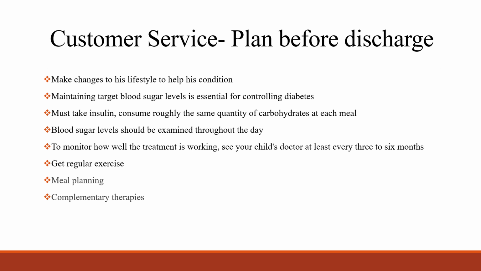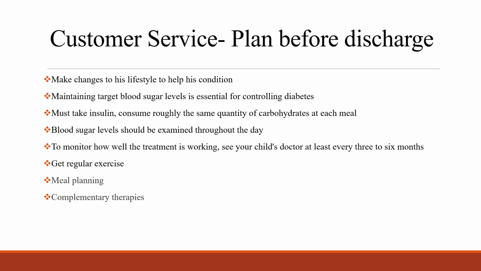The patient must take insulin and consume roughly the same quantity of carbohydrate at each meal. Blood sugar level should be examined throughout the day. To monitor how well the treatment is working, see the child's doctor at least every 3 to 6 months.